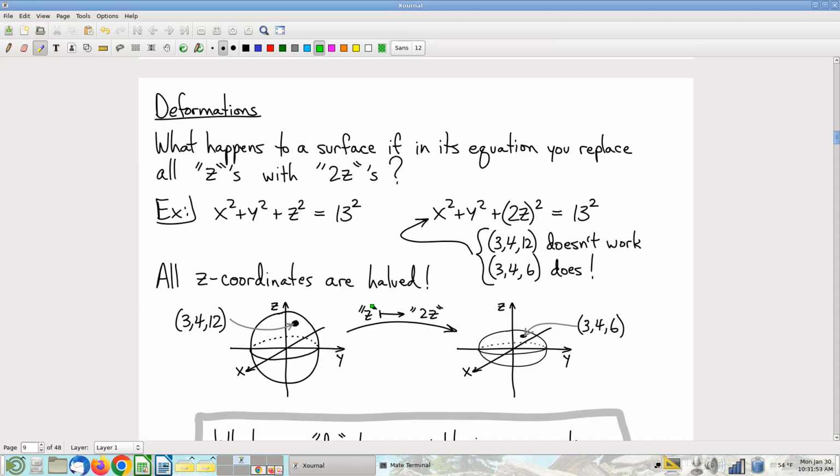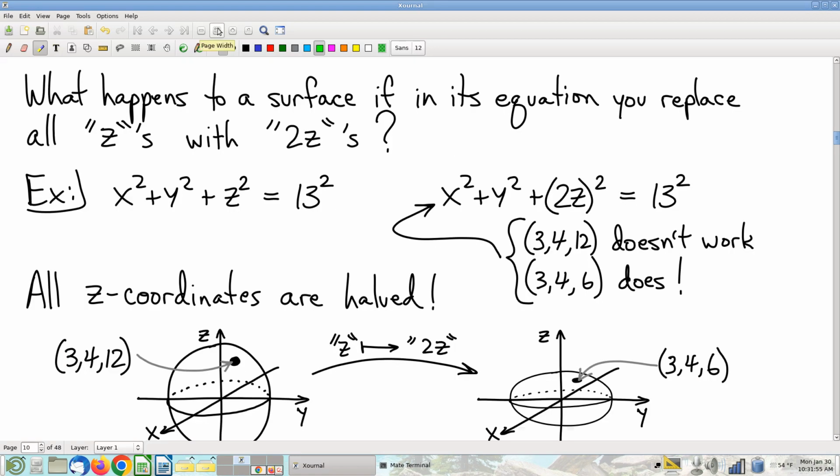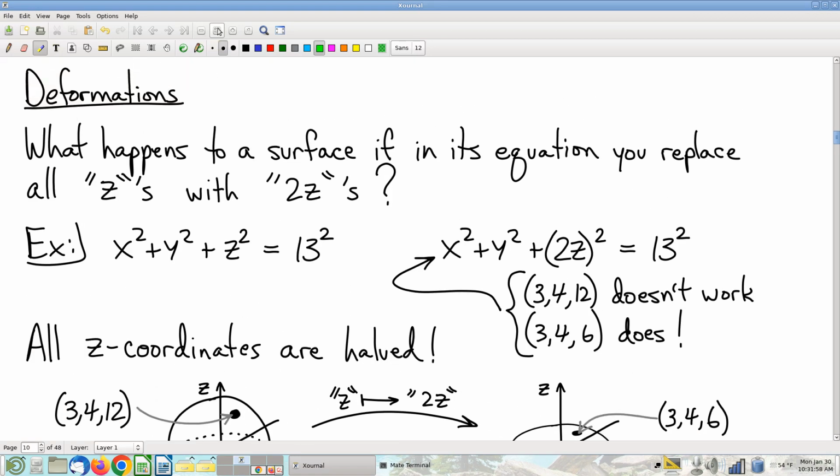Okay, so here's another tool for how to understand equations of several variables. I'm going to call this deformations. You'll see why in a second. The question I want to address is, if you have an equation and you already understand the surface that it represents, what happens if you replace everywhere in that equation that you have a z with 2z?